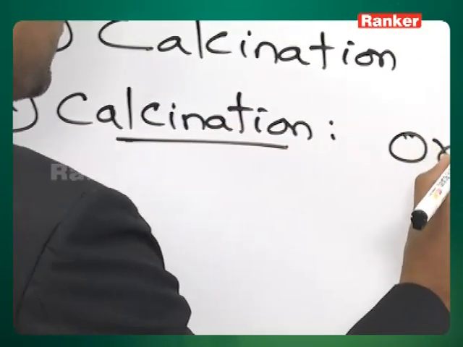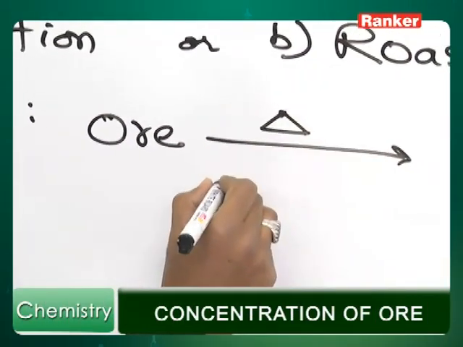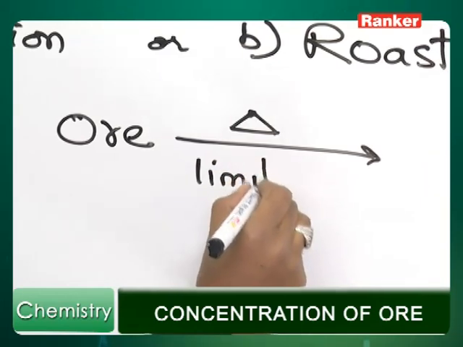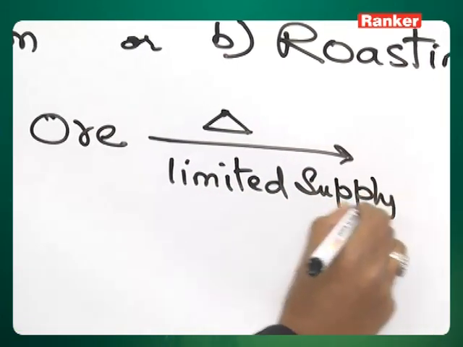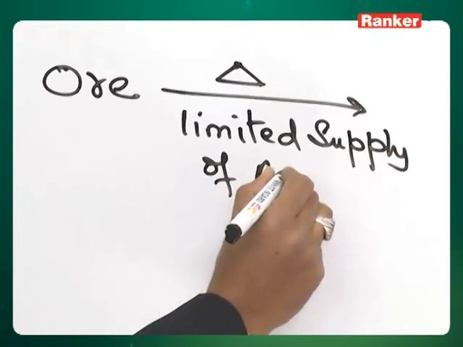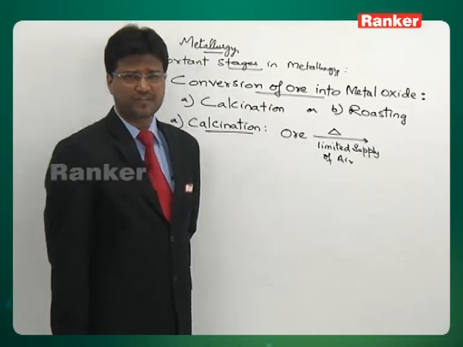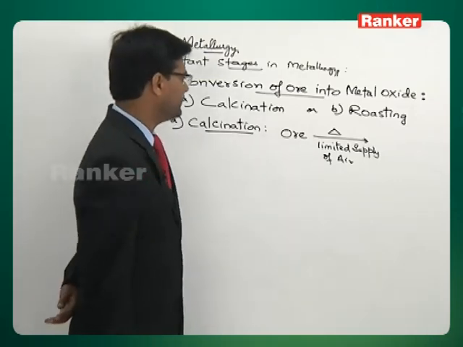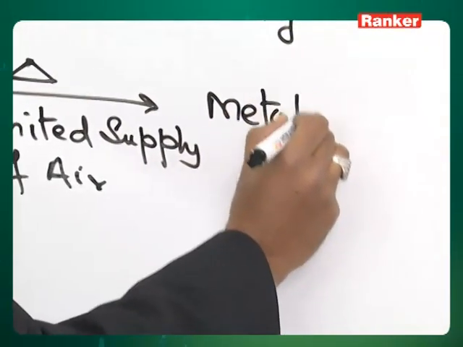In calcination, ore is heated in a limited supply of air. Ore is heated either in the absence of air or in a limited supply of air. You get metal oxide.